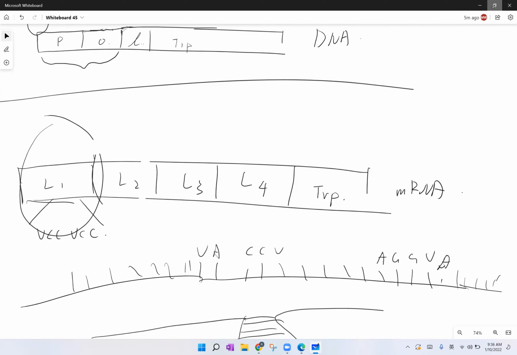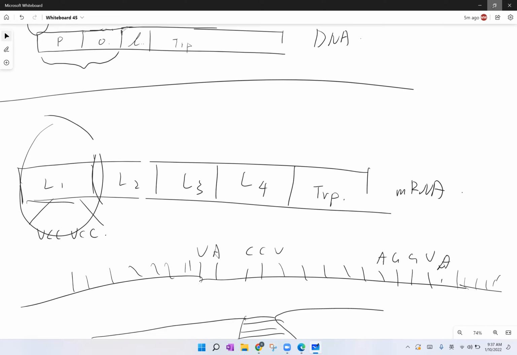That's why 2 and 3 is not going to bind if your ribosome has already proceeded to your L2 region. Okay? So L2 is relatively long. It's going to take a while for L2 to finish translating. So in the meantime, your L4 has been already fully transcribed.